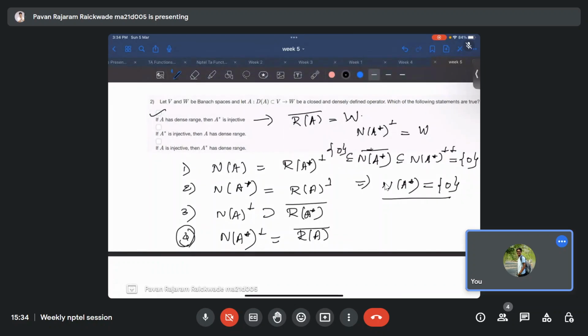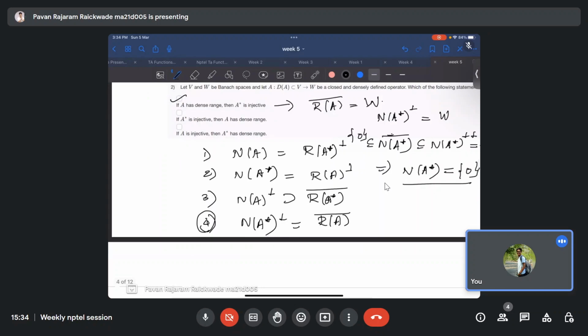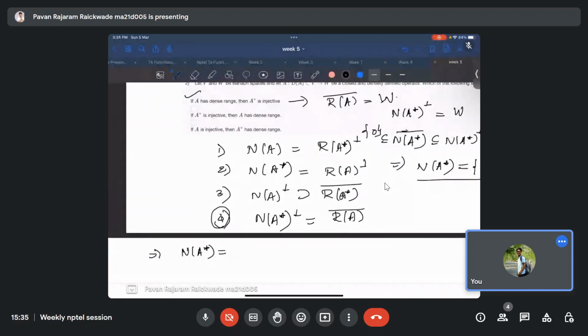Then the second option B: if A star is injective, then A has dense range. So A star is injective, so that means null space of A star is singleton zero.